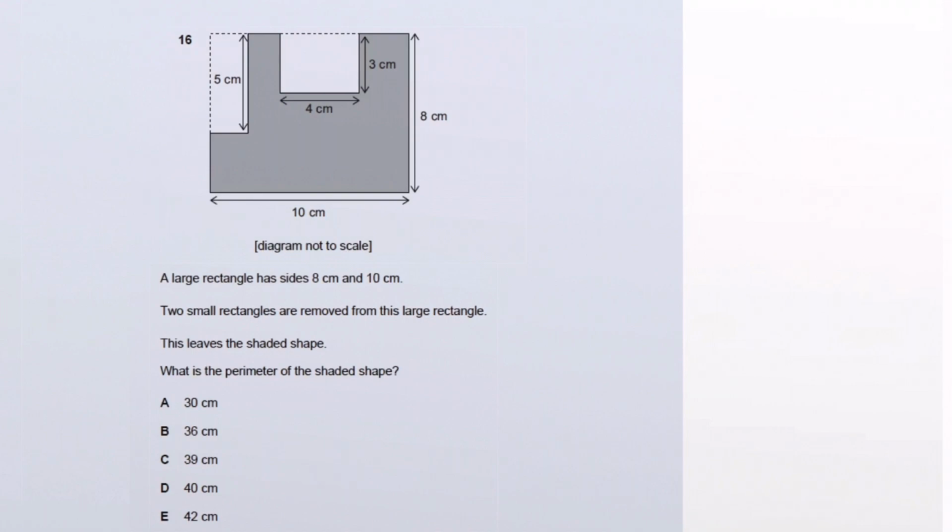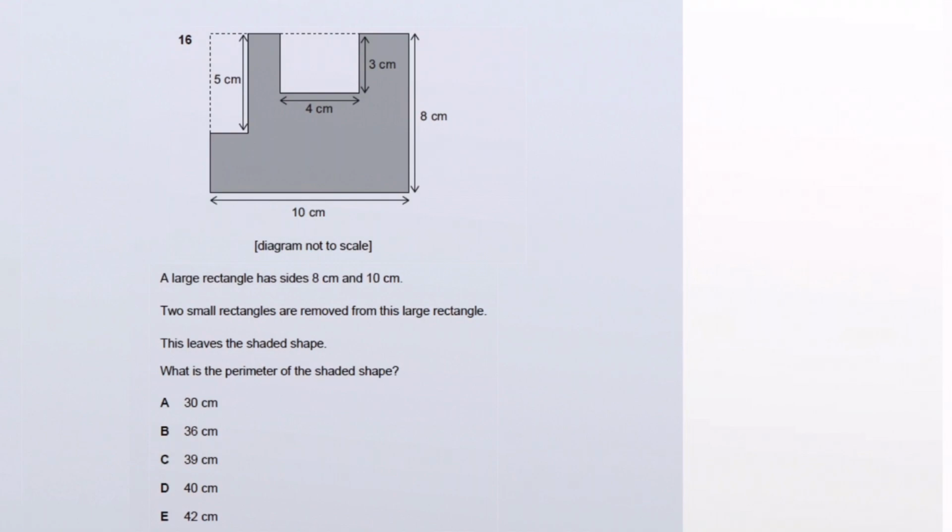This leaves the shaded shape. What is the perimeter of the shaded shape? So questions with diagrams, perimeters, and missing shapes are very common across the maths papers, and students have definitely come across these types of questions, so they are not all too different to the old structure of the mathematics STTC.